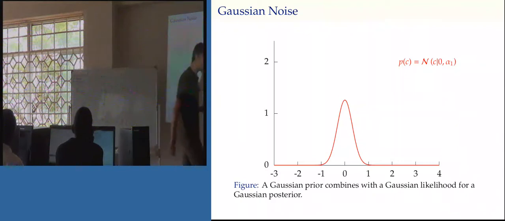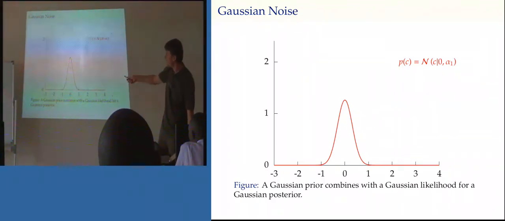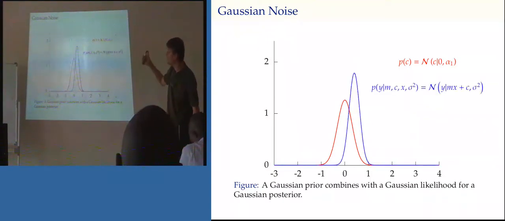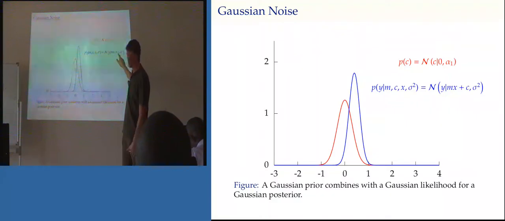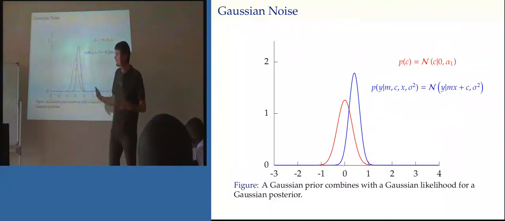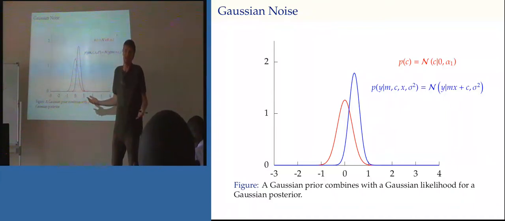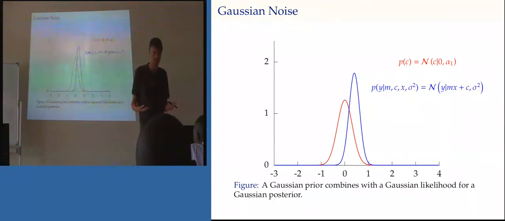Now pictorially, what does that look like? So this is the prior, it's a distribution over C. The likelihood is a function of C because it's got C in the mean here. So we can express it as a function of C. And because the Gaussians are the way they are, it does look like a Gaussian, and it will be correctly normalized, but it's not, in general, a proper probability distribution.